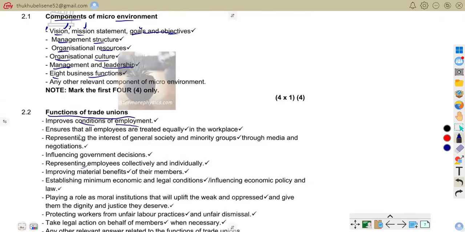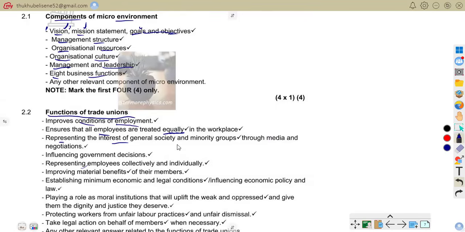That is that. Ensures that all employees are treated equally in the workplace. So this is where we are saying trade unions make sure that workers are not discriminated against and are treated fairly. That is that.